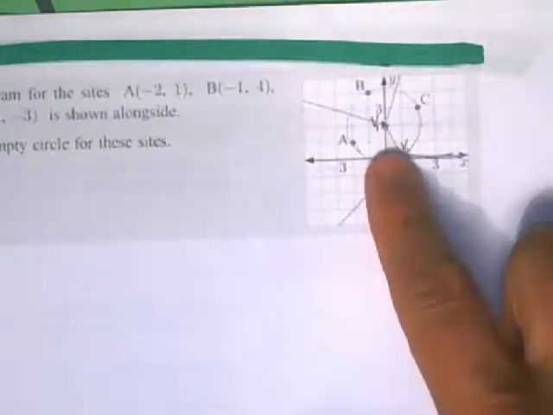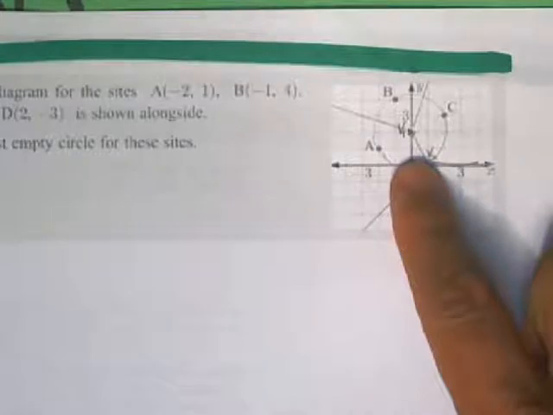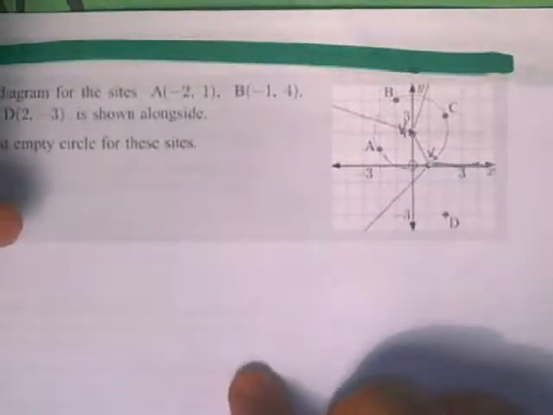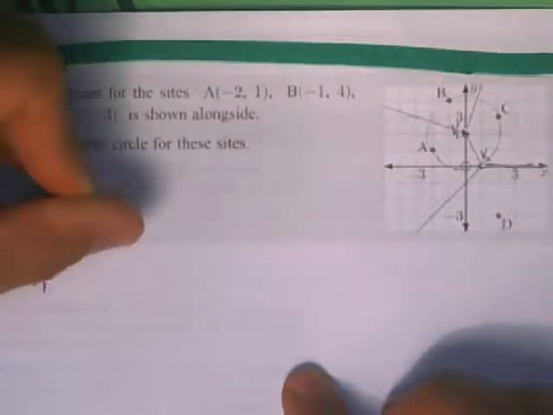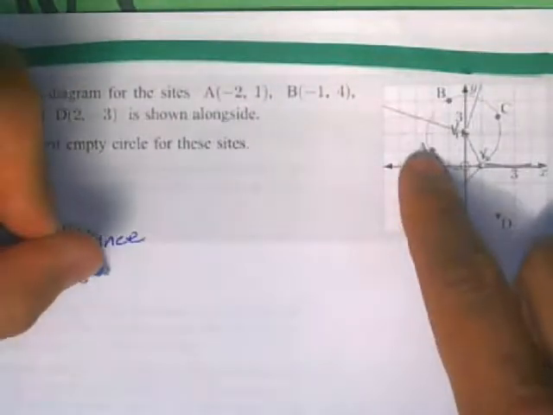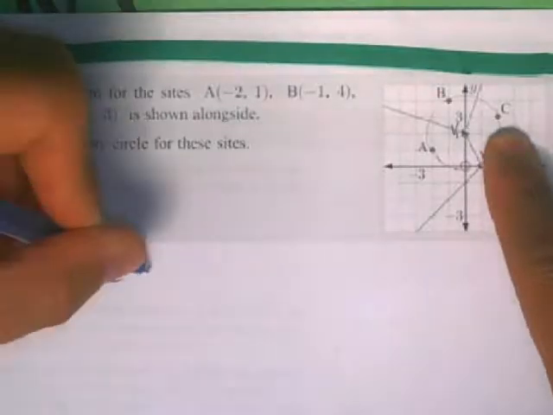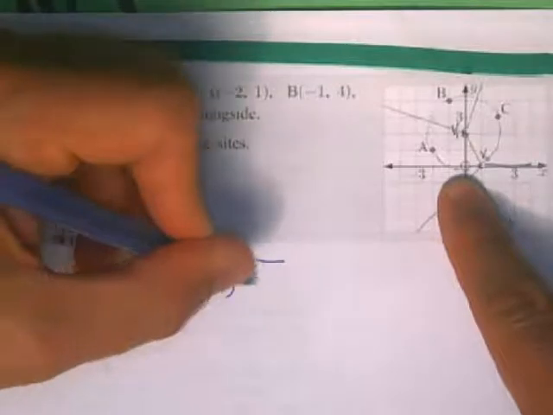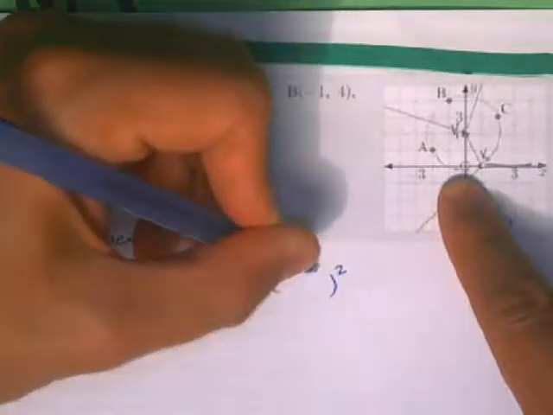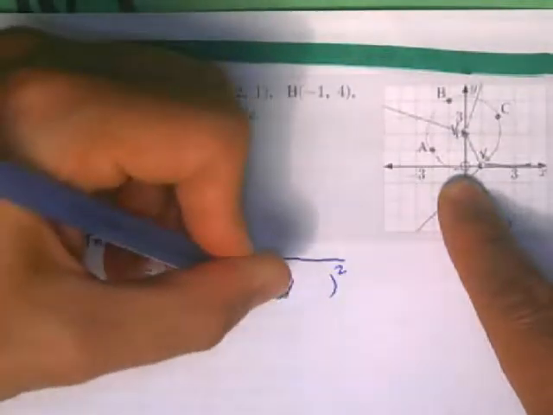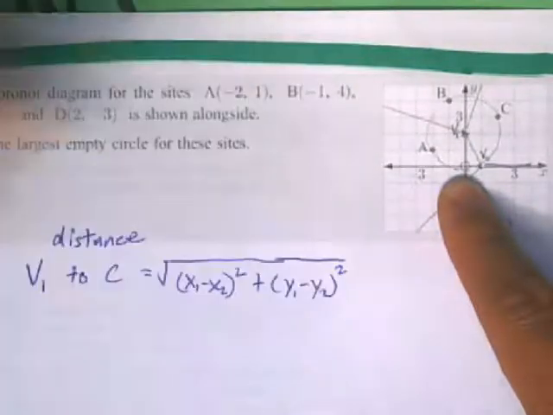So I'm calling this V1, right? So the distance from V1 to any of these points, let's just say C, is equal to the square root of x1 minus x2 squared plus y1 minus y2 squared, right?